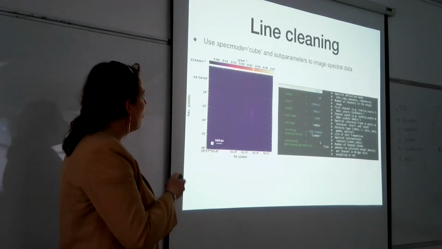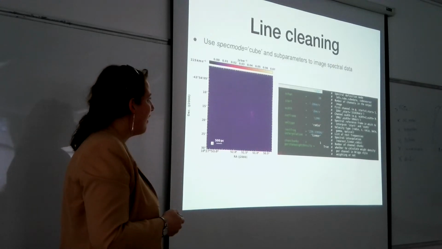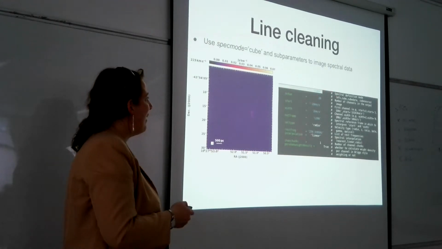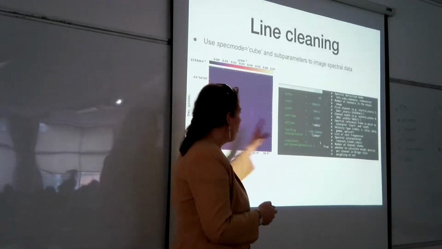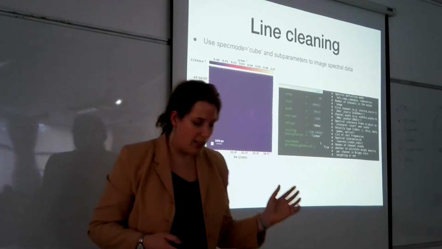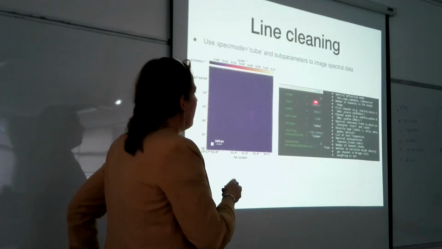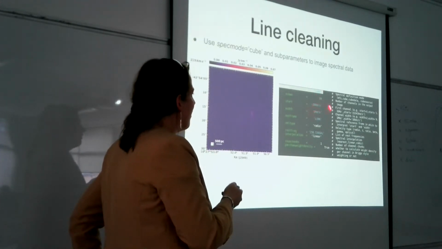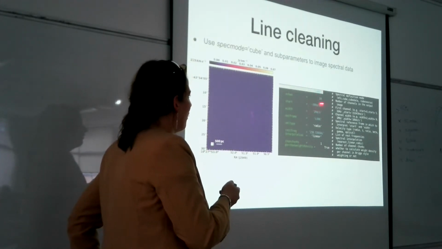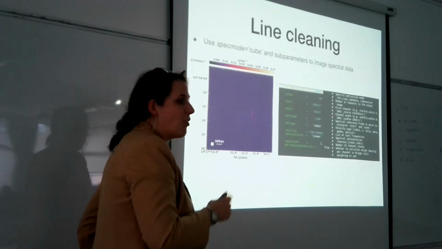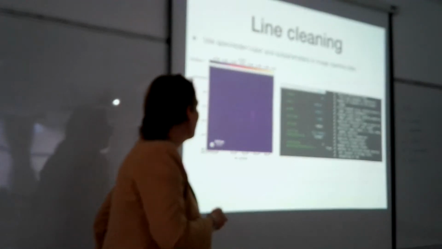I already mentioned if you want to do line cleaning, you will have to set your spec mode to cube, and then you suddenly have to set a lot more parameters, because if you're doing line cleaning, you're cleaning something as a function of velocity. So you have to define the number of channels, the start, which I usually set to -20, and the width, so this is your velocity resolution that you want.